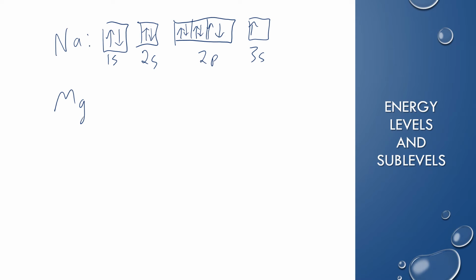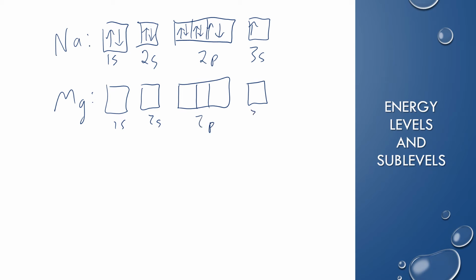And magnesium has 12 electrons. If we're looking at ionization energy from this perspective, the highest energy electron will be the 3s for sodium. That's the first one to be removed.